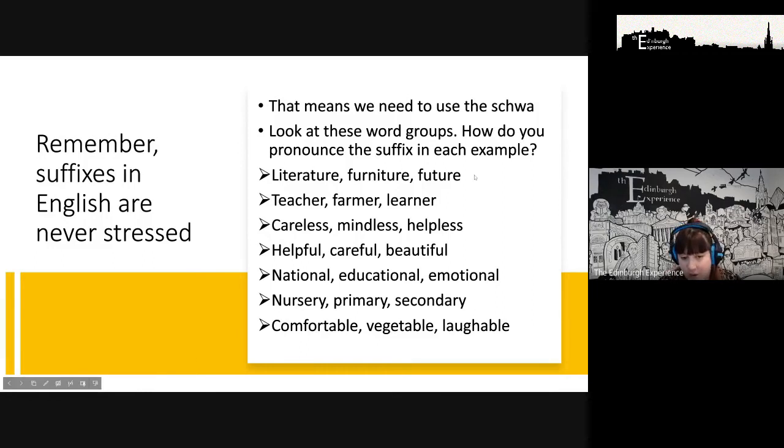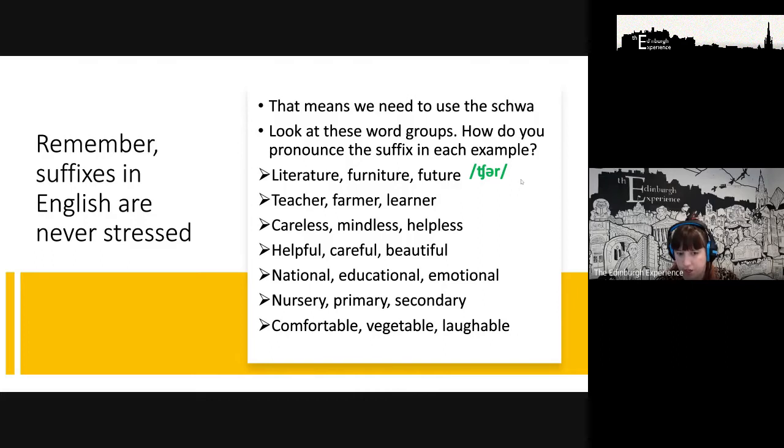So if you just take a look at these examples, these word groups, I've put 3 examples that all share the same suffix. And just say them to yourself and think about how you pronounce that suffix in each example. So if I take the first one, I'd say literature, furniture, and future. So all of these have got this sound, cher.